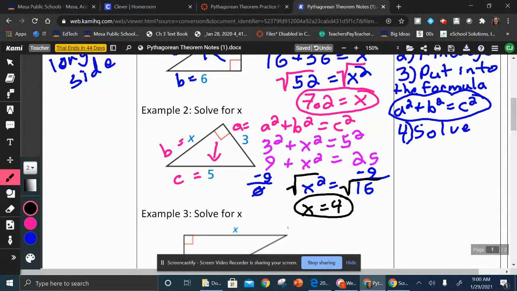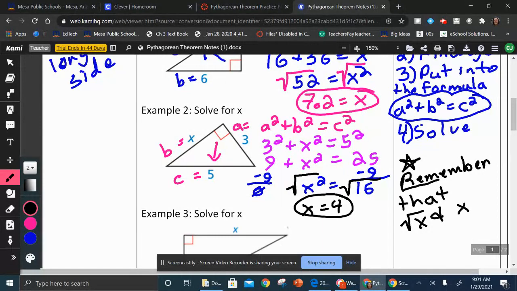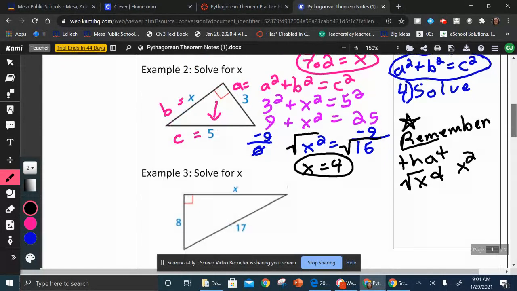Okay, so just to remember everybody when we're doing these, and I'll do REM for remember, that the square root of x and x squared are opposites, okay?